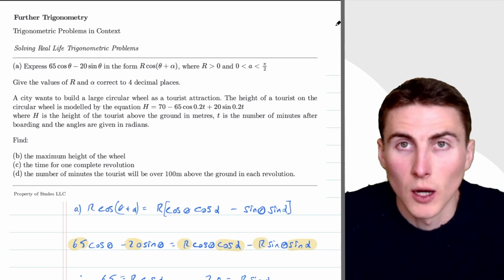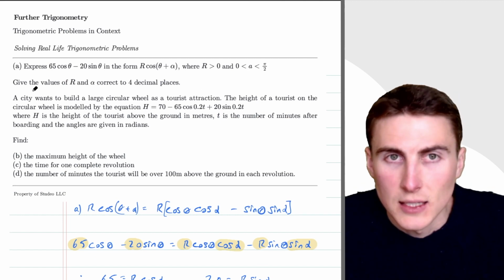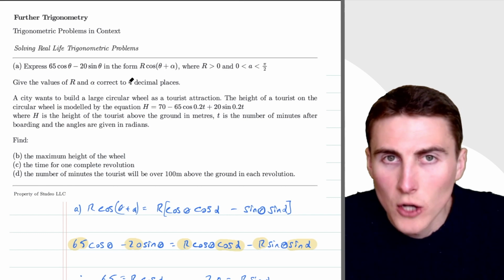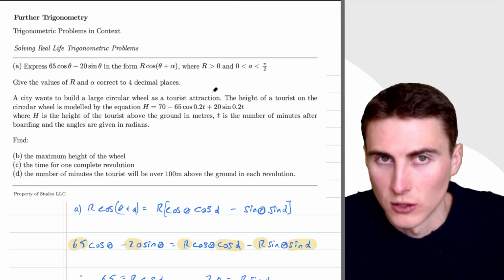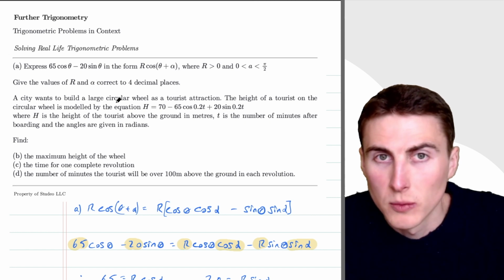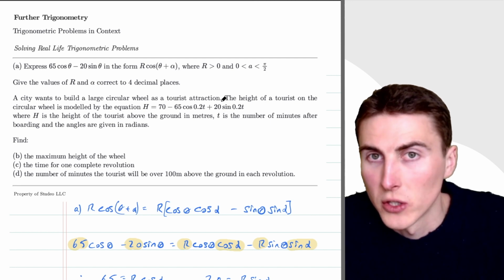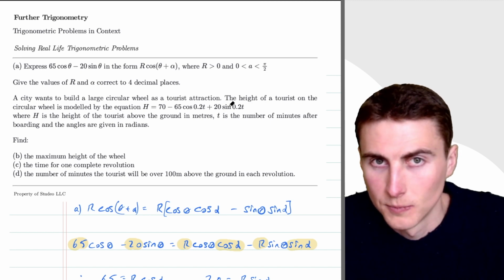Now we can go back up to our question and read what it says. A city wants to build a large circular wheel as a tourist attraction. The height of a capsule on the circular wheel is modeled by the equation h equals 70 minus 65 cos 0.2t plus 20 sine 0.2t.